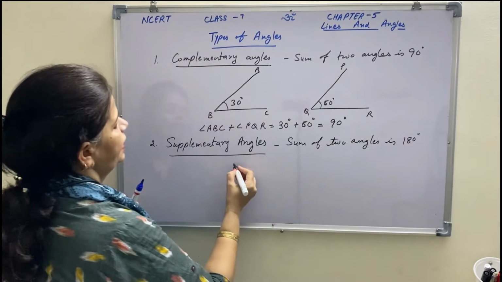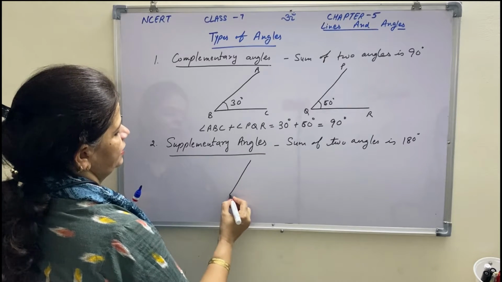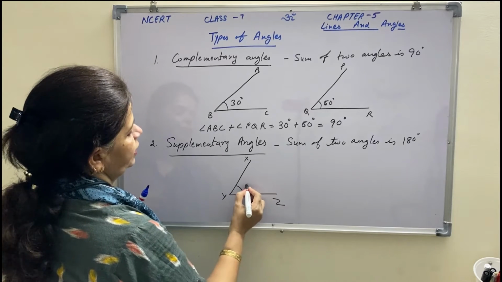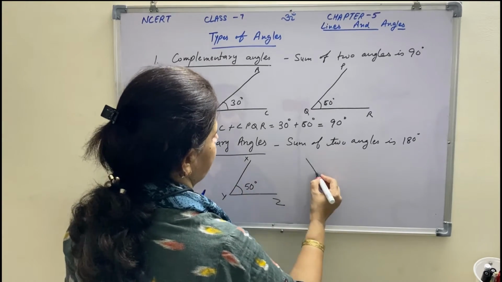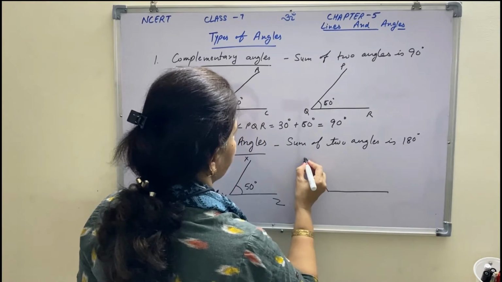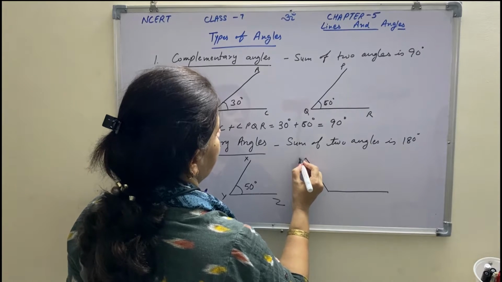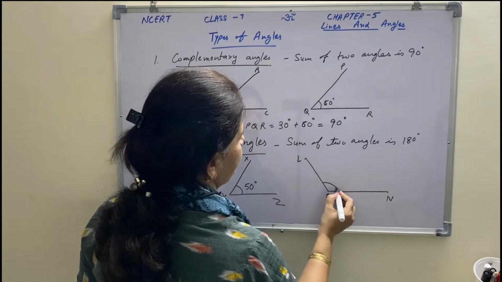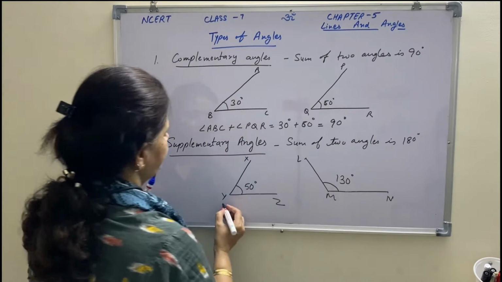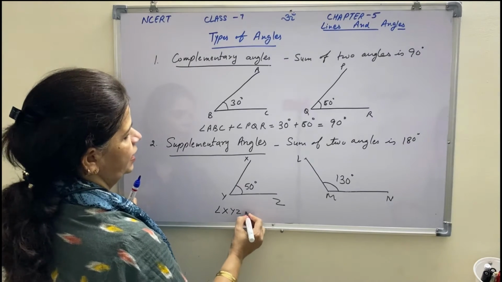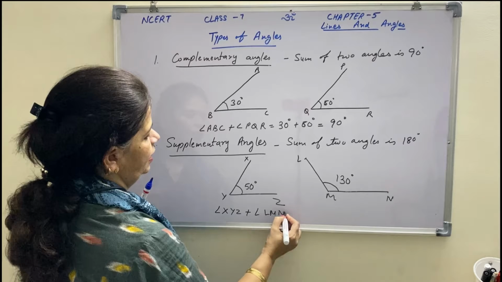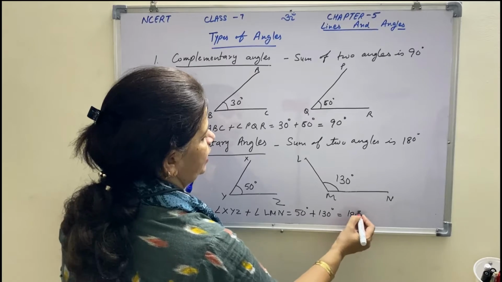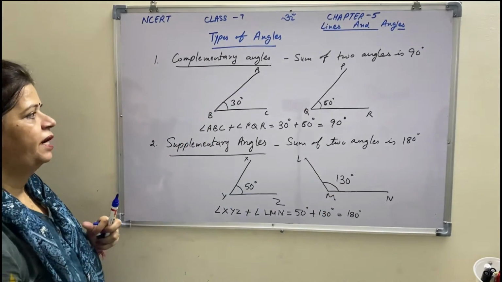So that means if I have one angle, let this be XYZ, which is 50 degrees, and another angle, let it be LMN, and this is 130 degrees, then the sum of angle XYZ plus angle LMN equals 50 plus 130, equal to 180 degrees, then these two angles are called supplementary angles.